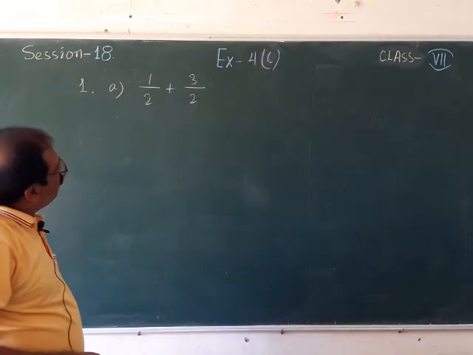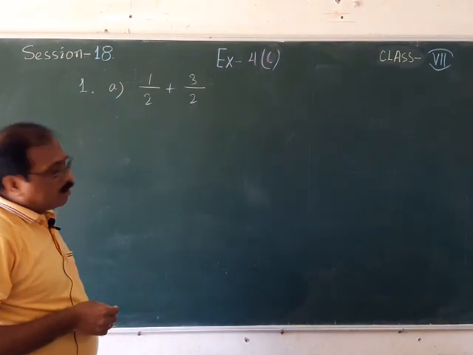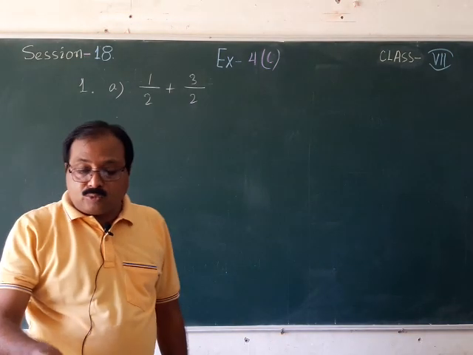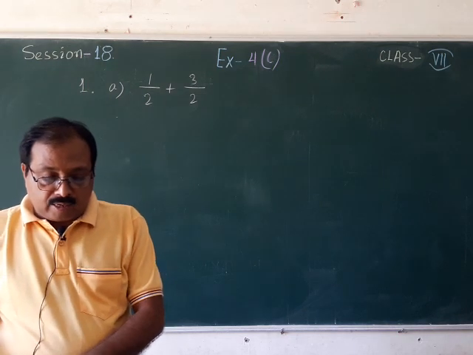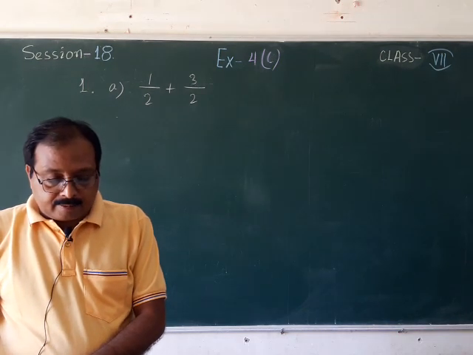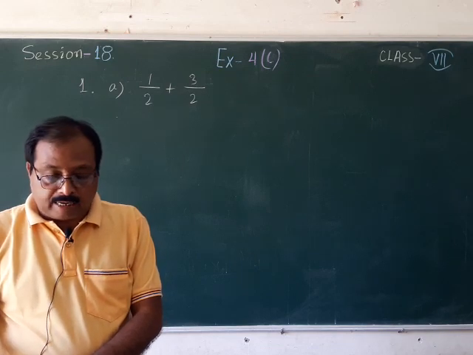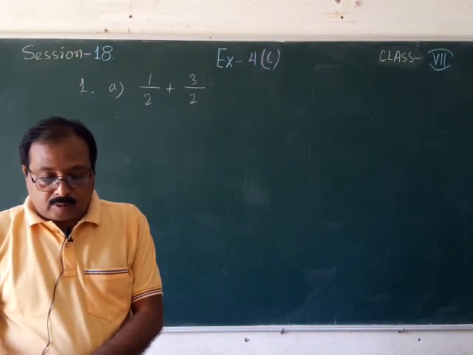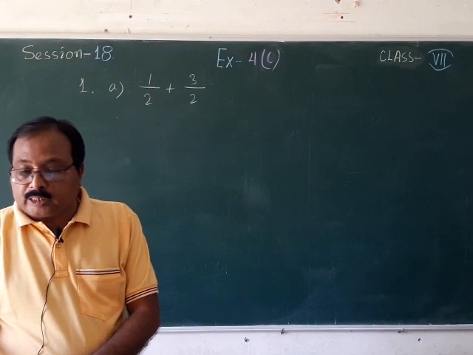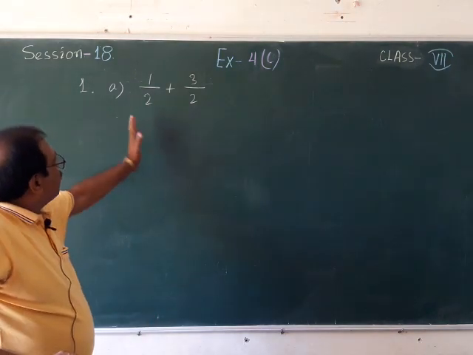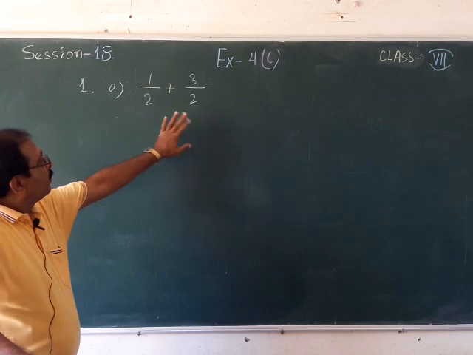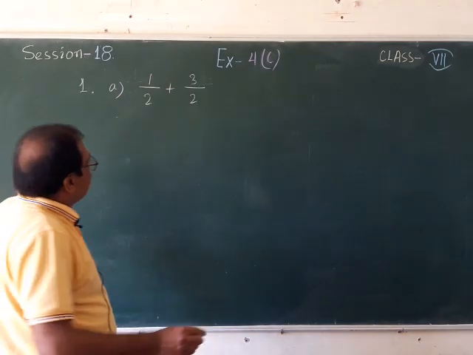How to show the addition on a number line? For this purpose, I have told you to change it into like fractions. Like fractions, as you have seen, are already there.